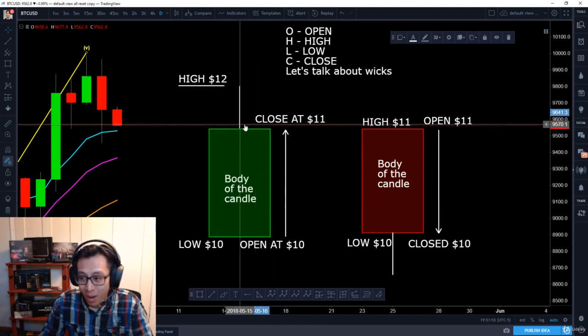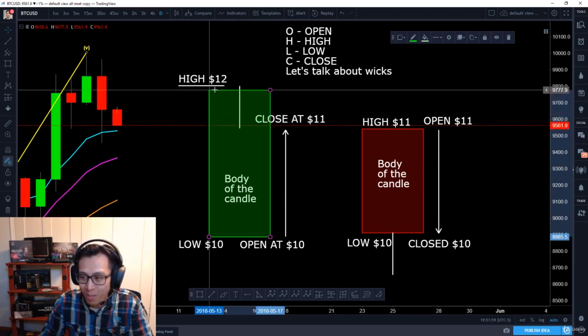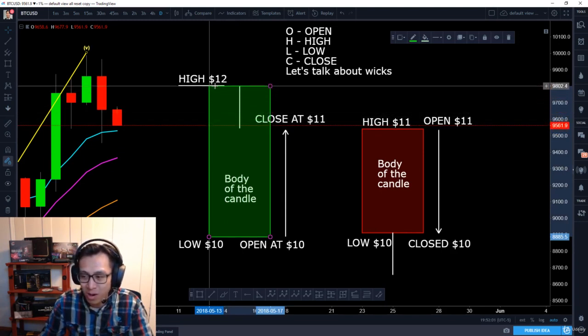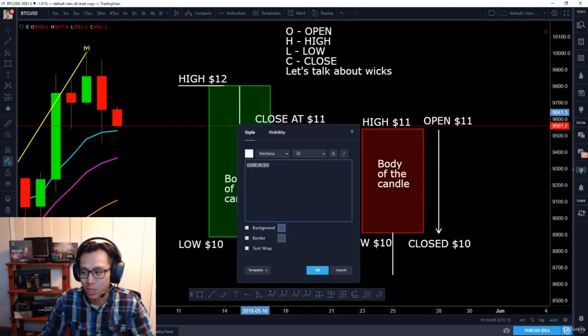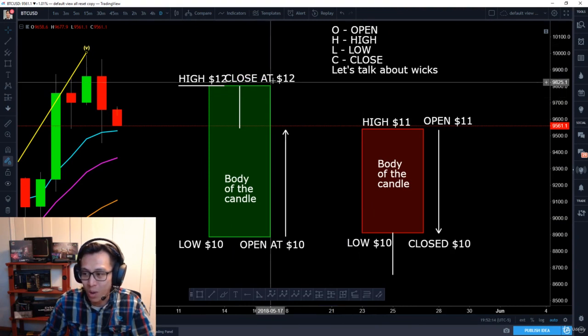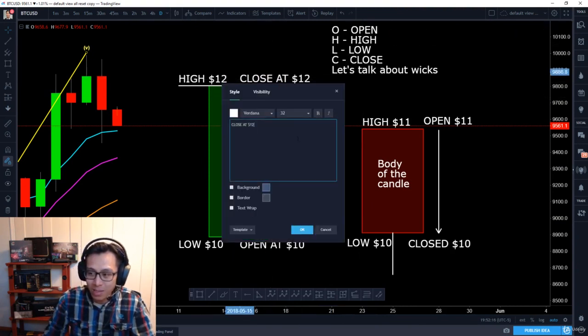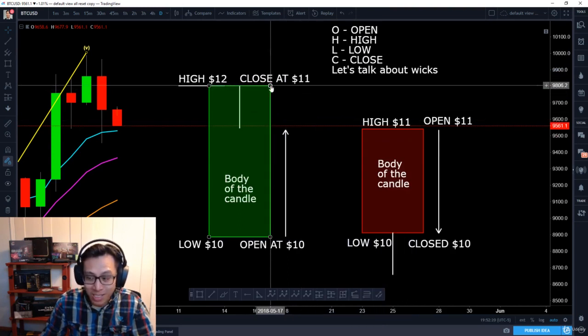And then they actually bought all the way up to $12, okay? They bought all the way up to $12 right there, but they actually couldn't sustain that price. So if this pushed up to $12 and it closed there, then this one would have a close of $12 as well, okay?